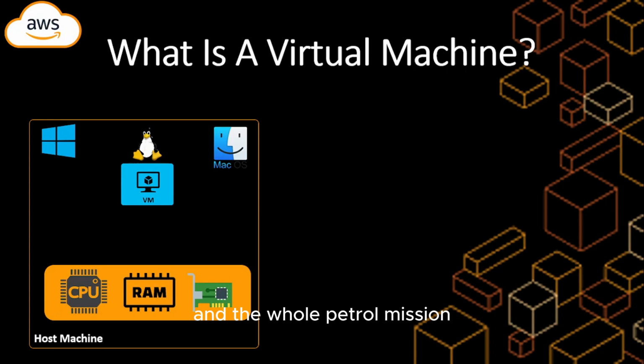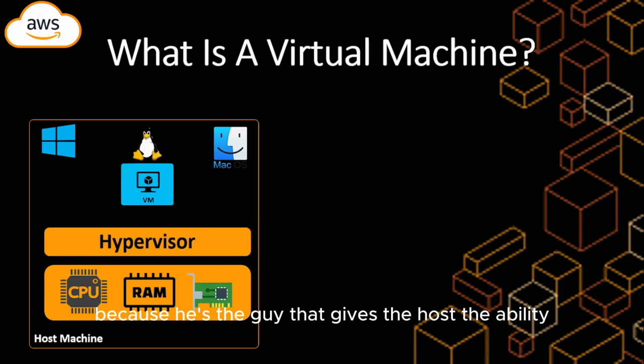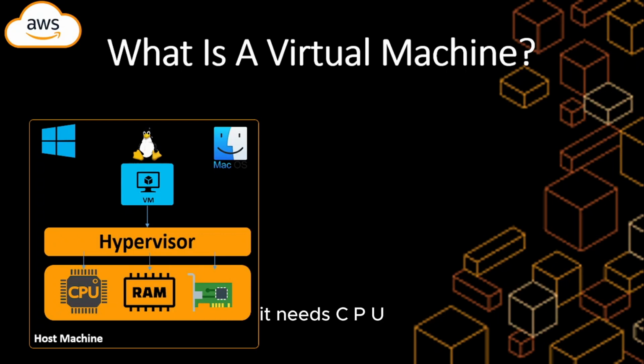The whole virtual machine technology cannot exist without the help of software called a hypervisor, because this is what gives the host the ability to create virtual machines. It communicates with the host and allocates resources to the virtual machine because it's still a computer. It needs CPU, memory, storage, and network to perform accurately.